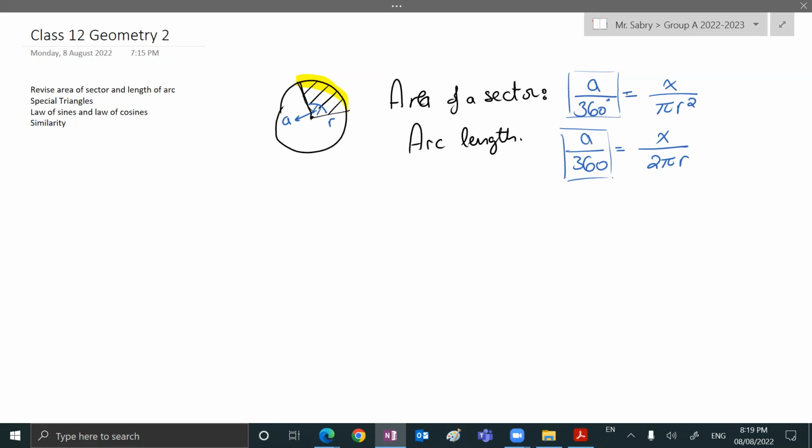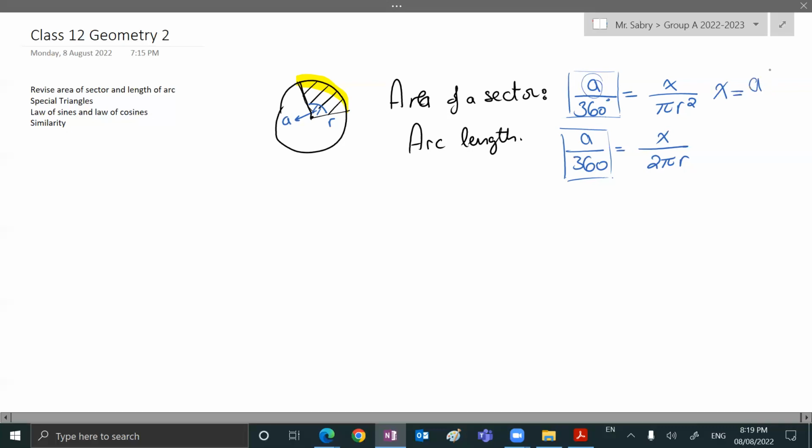So what you're talking about is the next step. If I need to find X, what should I do? This means that I'm supposed to multiply the angle by the area and then divide this by 360. And over here, if I need to get X, I'll multiply the angle by the circumference and then again divide by 360.